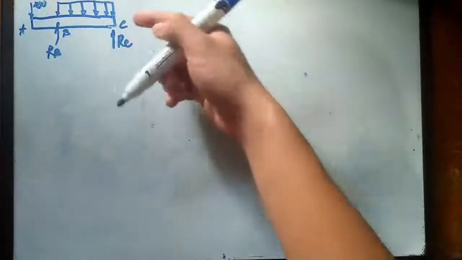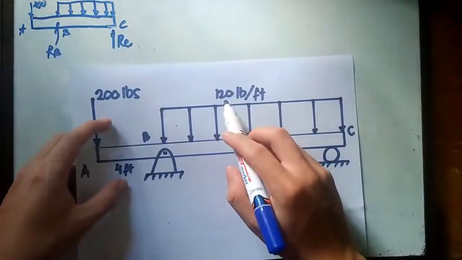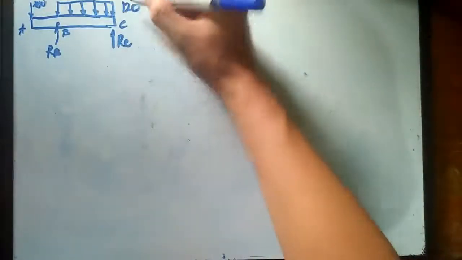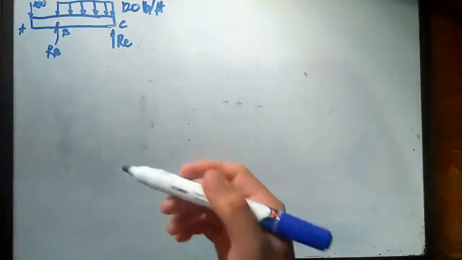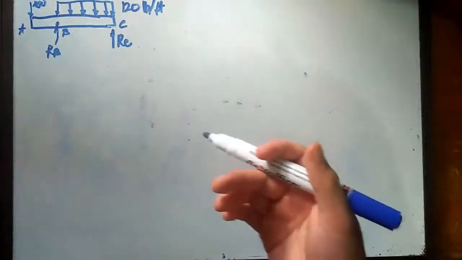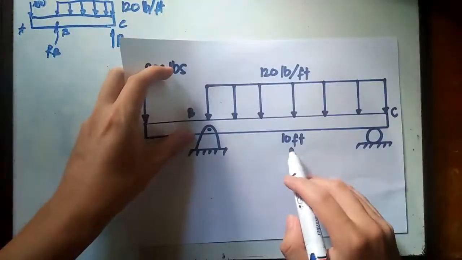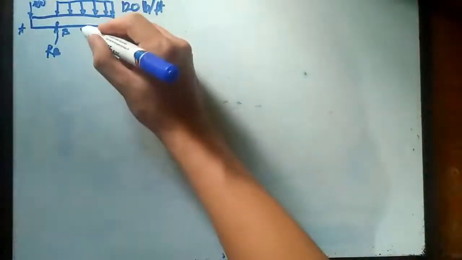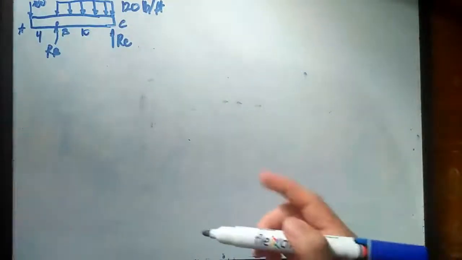And don't forget that this uniformly distributed load has a value of 120 pounds per foot. 120 pounds per foot means that for every 1 foot it has an equivalent force of 120 pounds, and then it spans 10 feet. So this one is 10 and this one is 4, which correspond to the lengths.